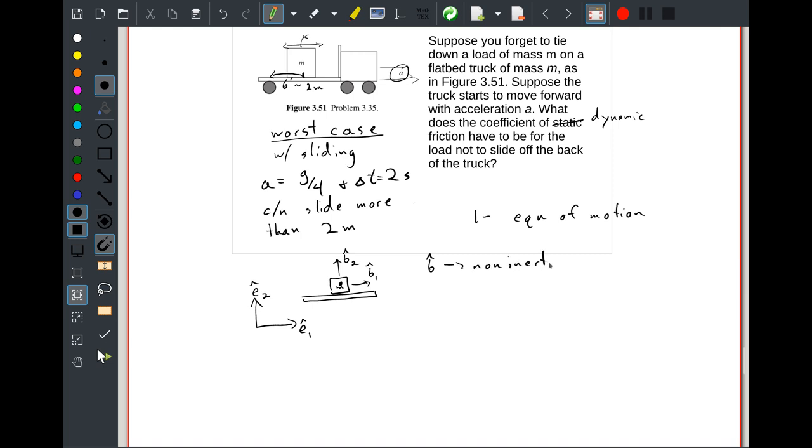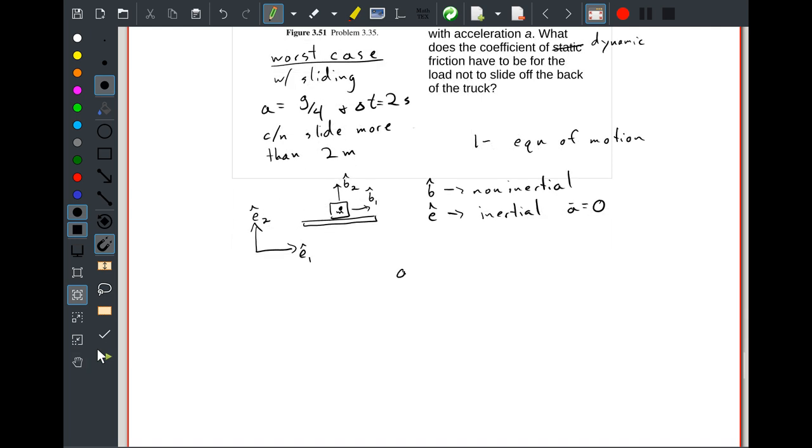It has an acceleration. Our E, if we fix it to the ground, this is an inertial reference frame because our acceleration is 0. So when I talk about the acceleration of our mass, I have to have it with reference to O and then O prime. It's going to be equal to acceleration of our mass with respect to O prime plus the acceleration of O prime with respect to O.